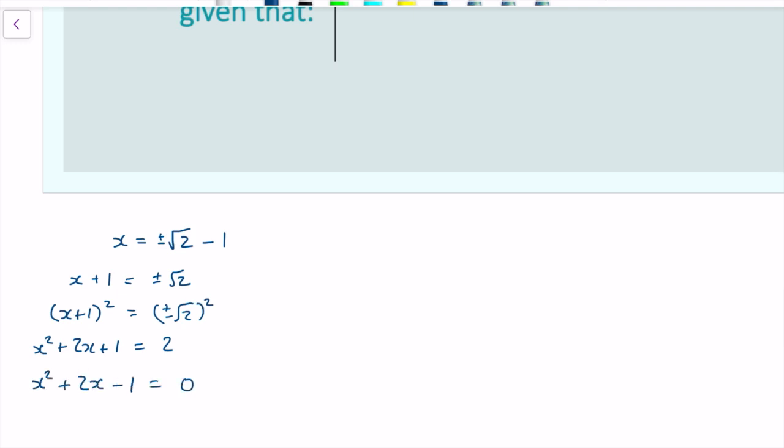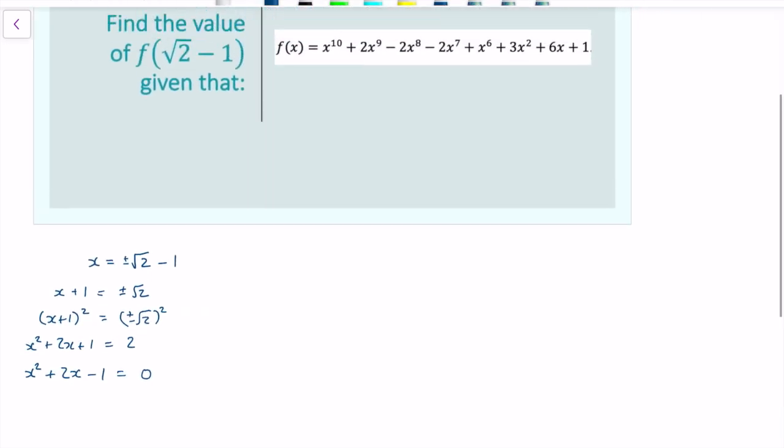and then I get this quadratic, x squared plus 2x minus 1 equals 0. Now what I can do with this quadratic is I can try and factor this polynomial using that as a factor.